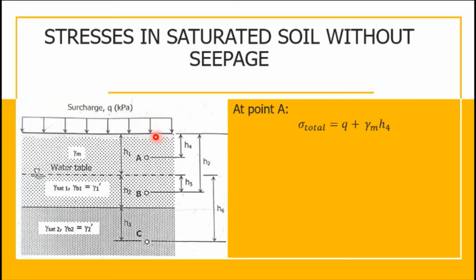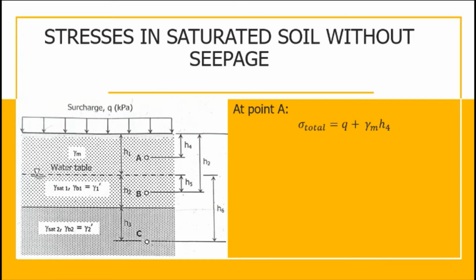And then we have to get the unit weight of this first soil layer, that is the moist unit weight, multiplied by the height from the ground surface. The height from the ground surface is equal to h sub 4. Class, in this example, the unit weight is the moist unit weight.